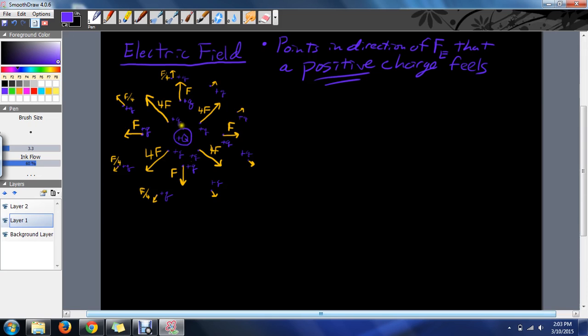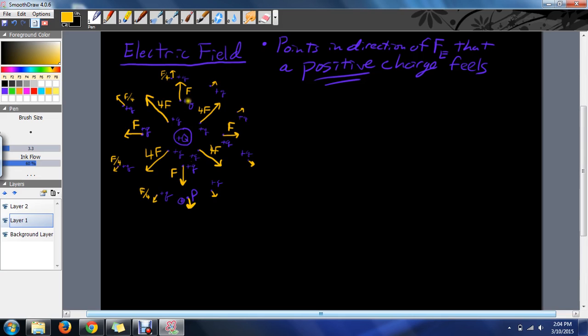So this positive charge creates a field that at any point in space, so if you pick a random point, say I pick a random point P here, and I ask, what does this electric field look like at point P? Well, I put a positive test charge there, and I ask myself, what does my positive test charge do? It goes away. So at that particular point, the electric field points away. There's a vector that points away, and that vector represents what the force would do.